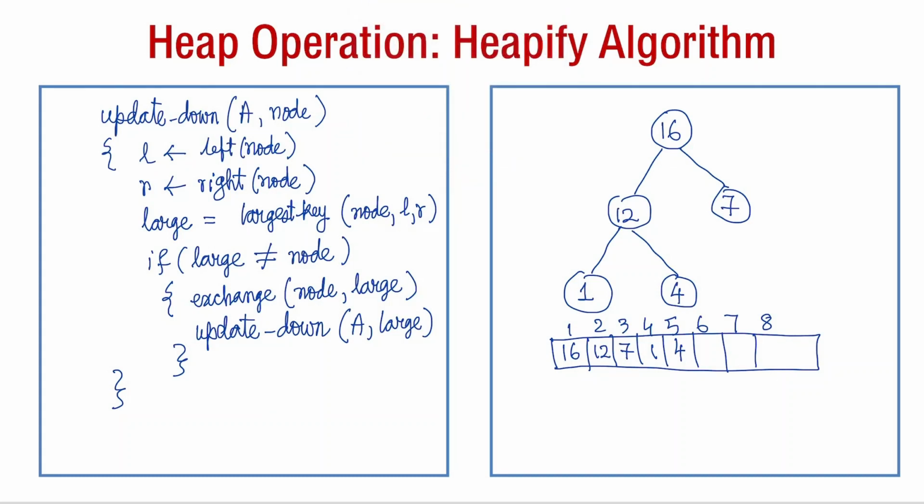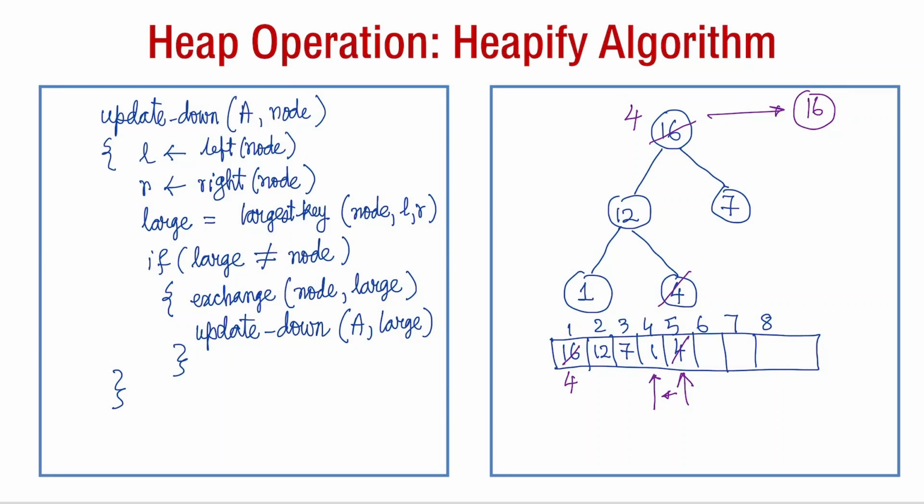As per our method, this will get removed, 16 will come out, and this last element will replace 16. So 4 will get removed and 4 will come here, and the size will now get reduced.